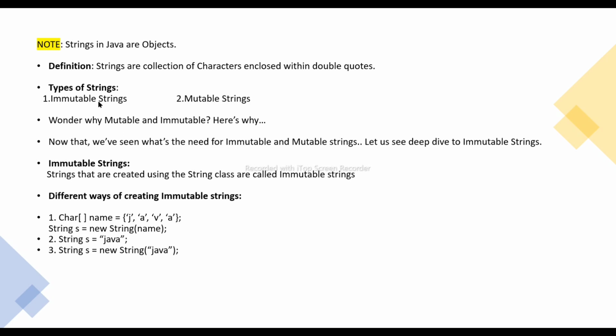Before going into the types of strings, I want to make it clear that Java, from the beginning, is an object-oriented programming language. Why has it been chosen that way? Java considers everything in the world as objects, and every object belongs to a particular type.